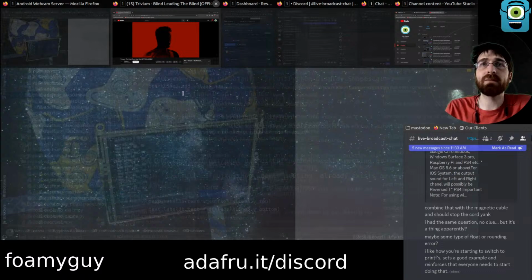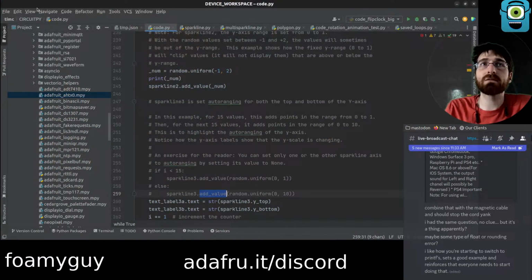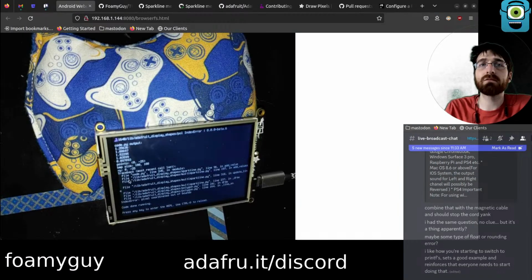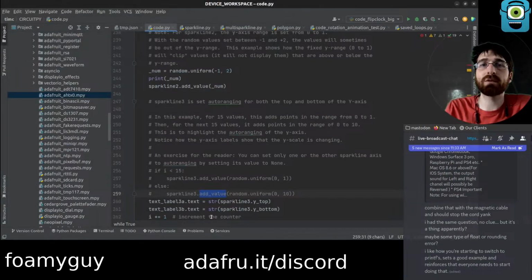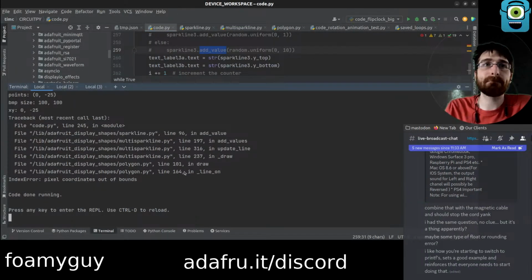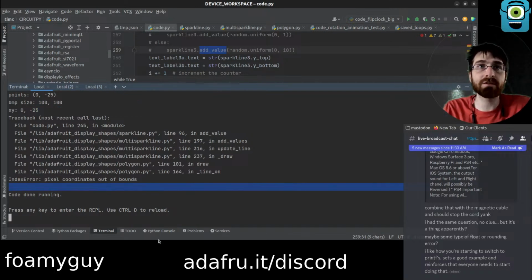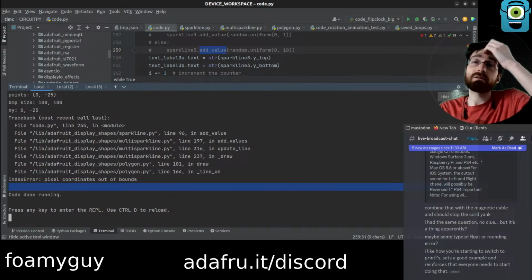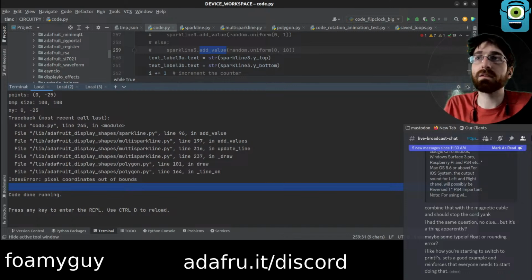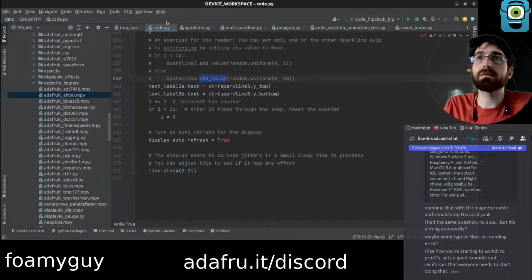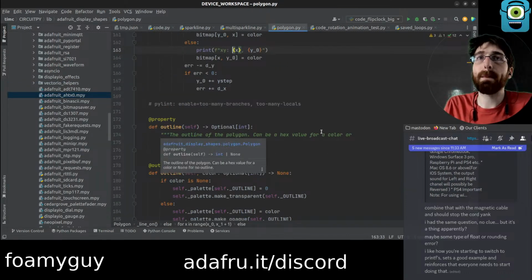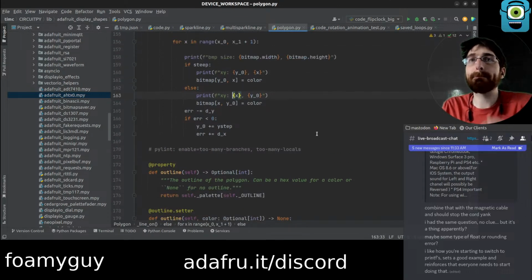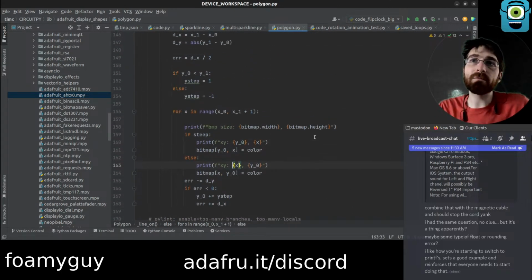And so did I turn back on too? Yeah, it looks like it, okay. That will fail after not very long probably. And in this case, we failed because we cannot access negative pixels inside of this. Why do we end up with negative pixels?